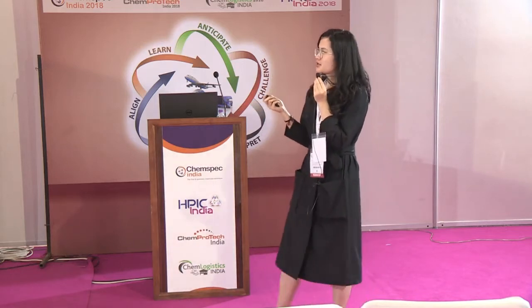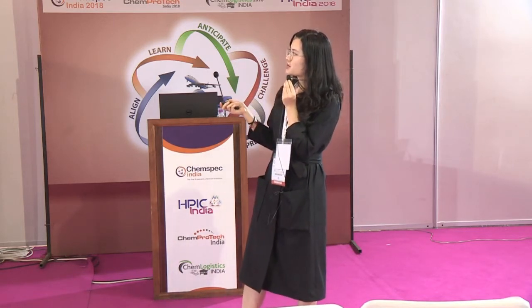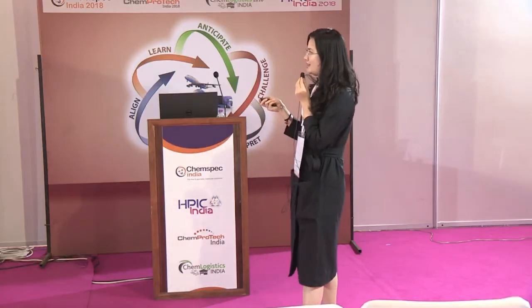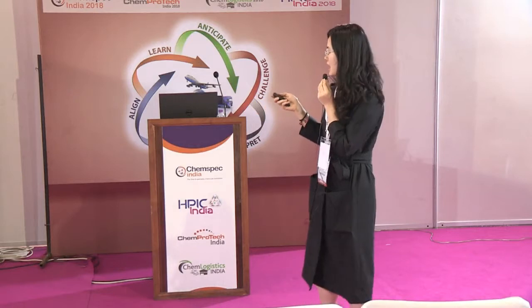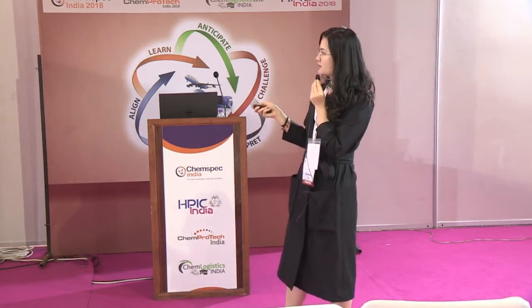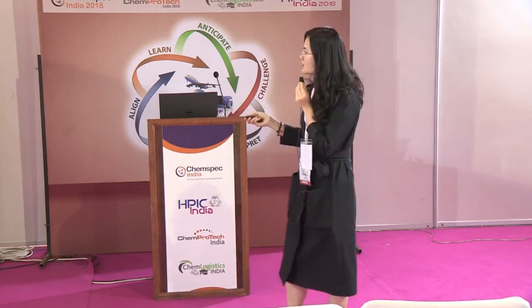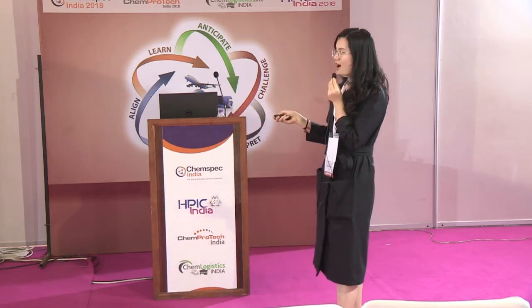So EU REACH registration, after being implemented on June 1st, 2007, the pre-registration started from June 1st, 2008. It has been around more than 10 years now. And for different substances and different usages and different tonnages, they have different deadlines. The nearest deadline now is 1 month away from us.